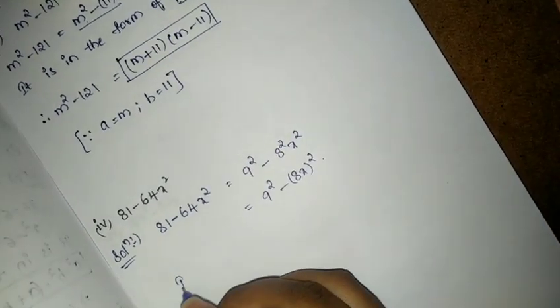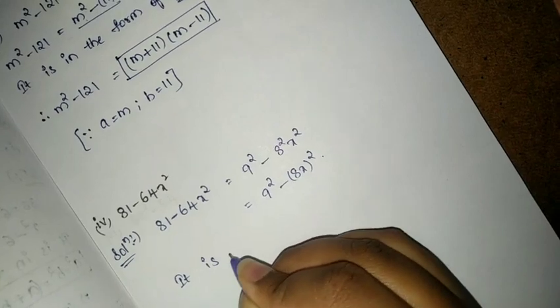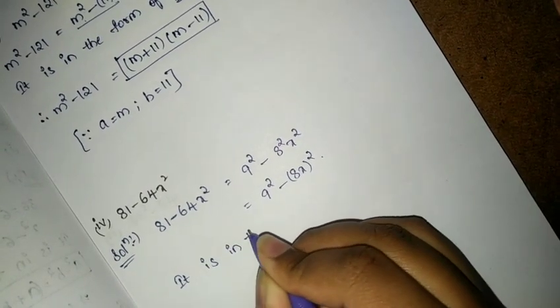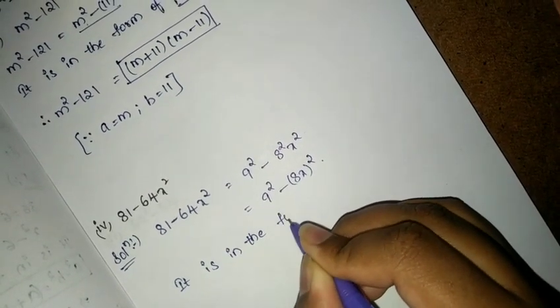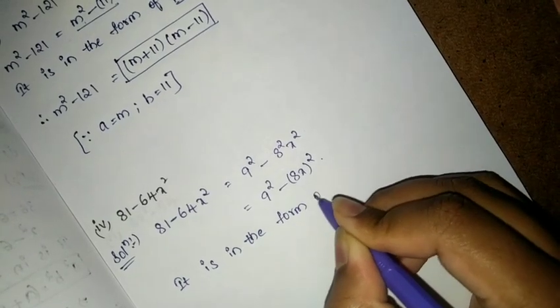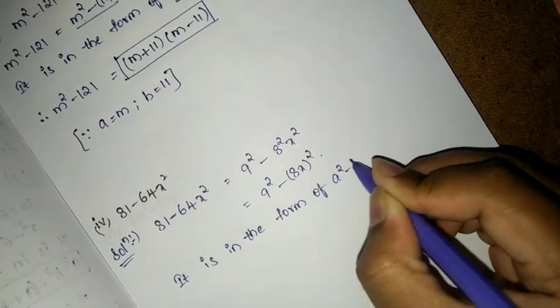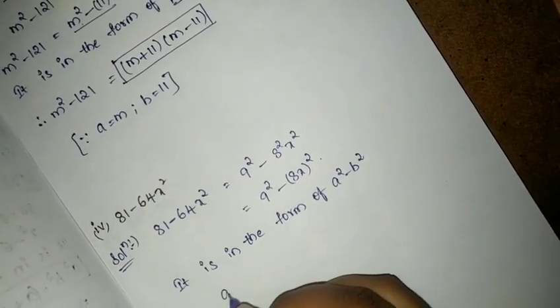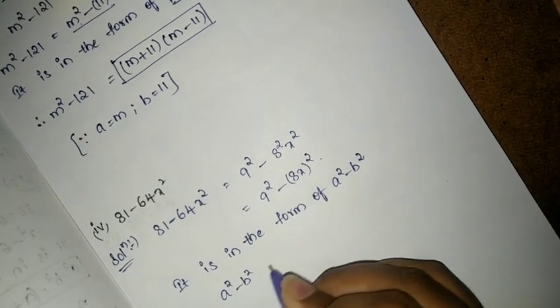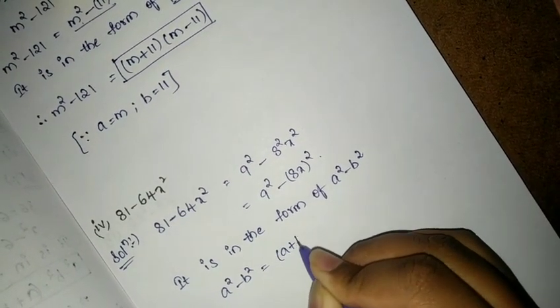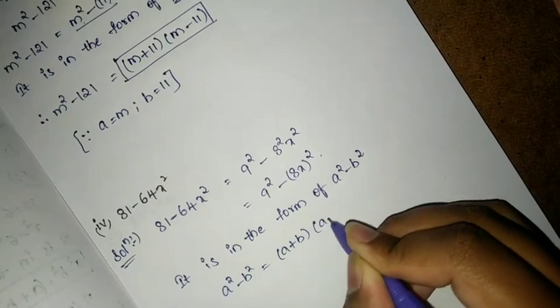So it is in the form of a square minus b square. A square minus b square equal to (a plus b) into (a minus b).